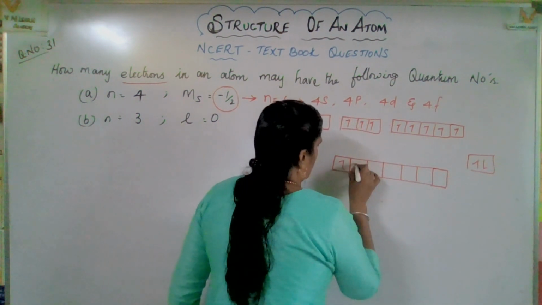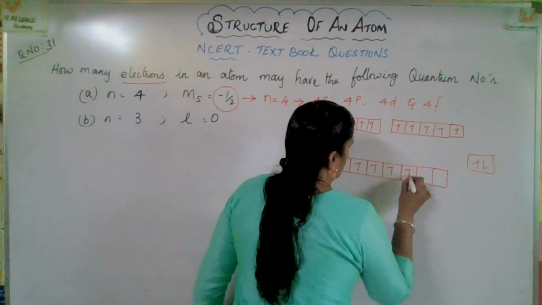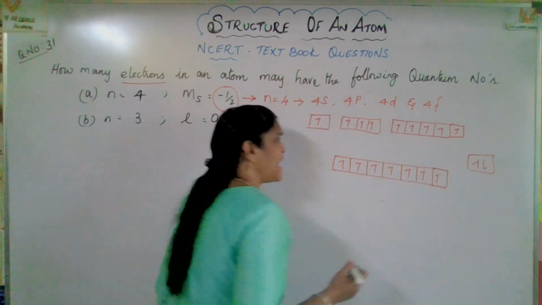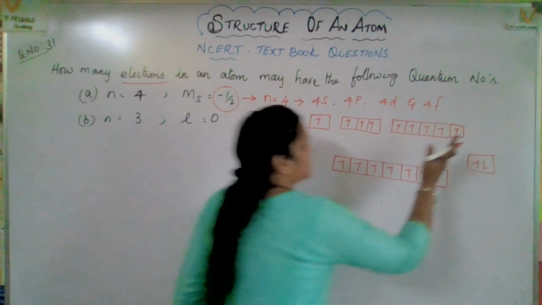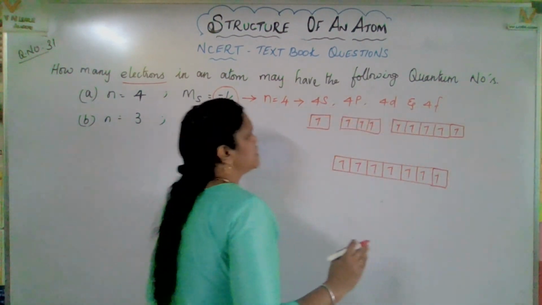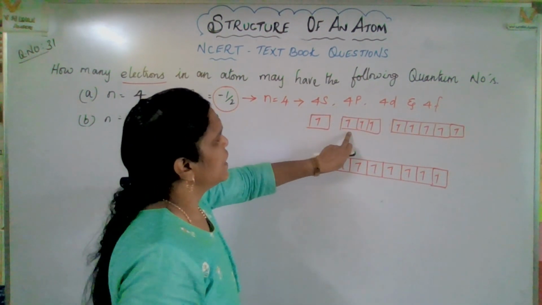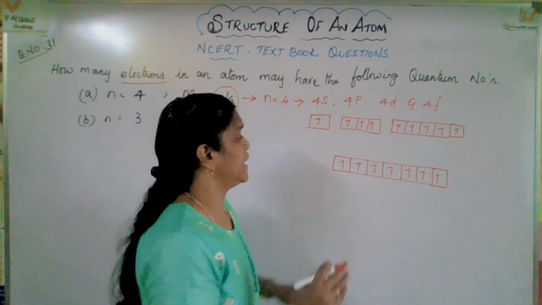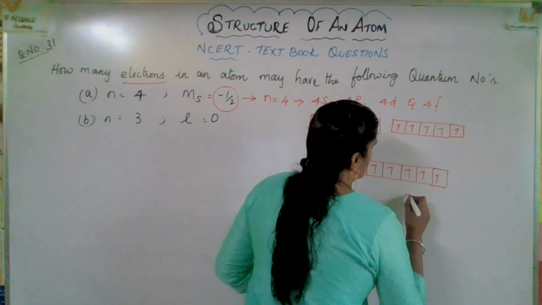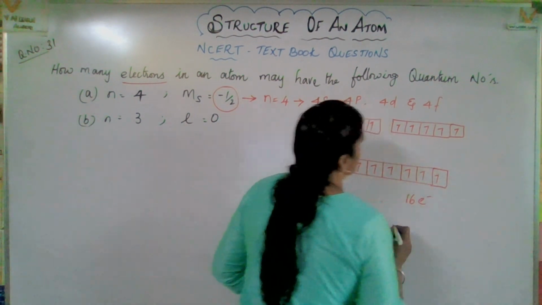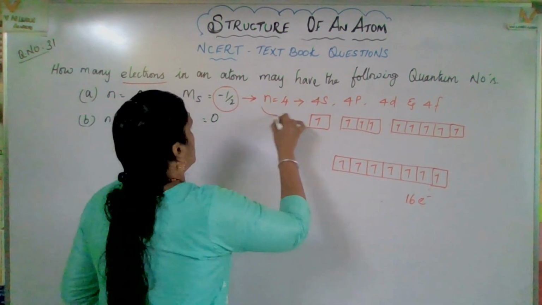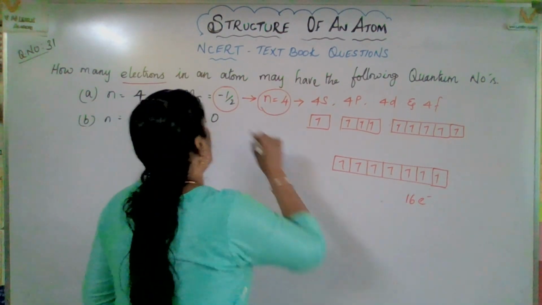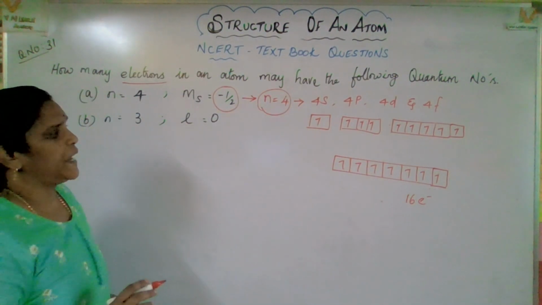So everywhere 1. Now how many electrons are possible? Here 1, here 3, here 5, and here 7. Altogether, 16 electrons are possible for n equal to 4 with spin quantum number minus half.